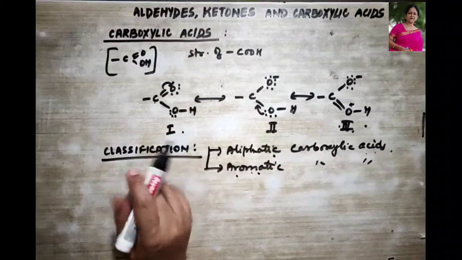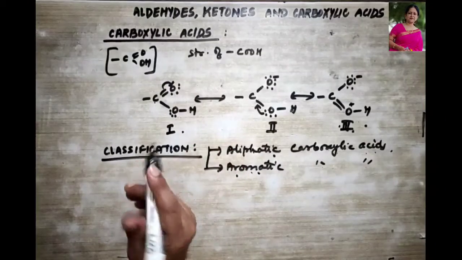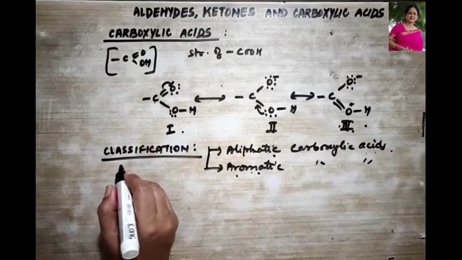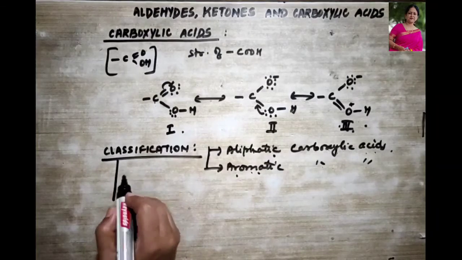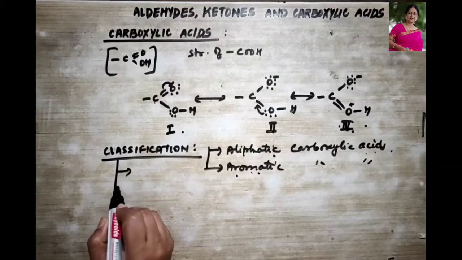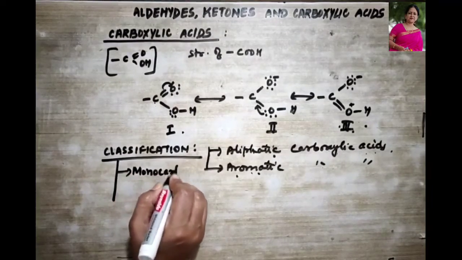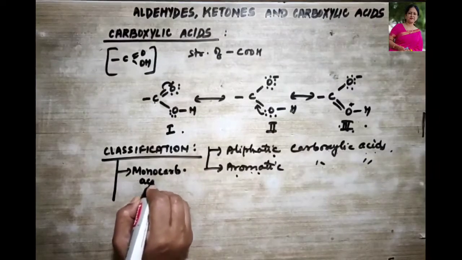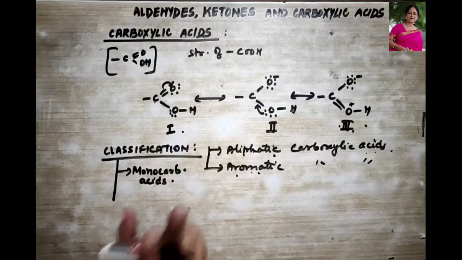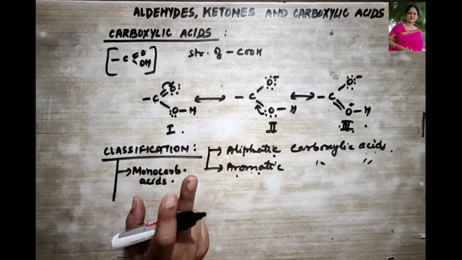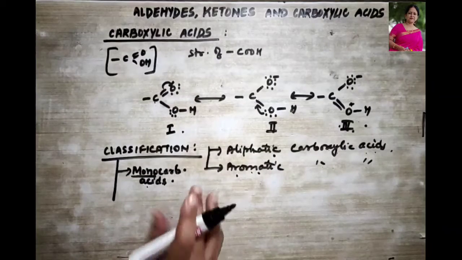Now, classification based on the number of carboxyl groups. If we talk about the number of carboxylic groups, then they can be divided into 3 parts. First is monocarboxylic acids. What do we mean by monocarboxylic acids? When only one carboxylic group is present, then they are termed as monocarboxylic acids, as the word suggests, mono.